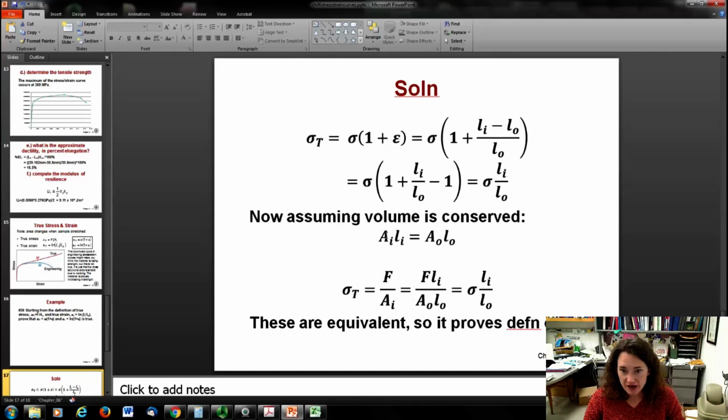And if I plug in for Ai, then I get F Li over A naught L naught. And then that equals, since sigma is defined as F over A naught, the engineering stress times Li over L naught. So what I've shown here is that these two definitions of sigma true are equivalent. They end up with the same thing, so that proves that the definition of sigma true, sigma times 1 plus epsilon, works.